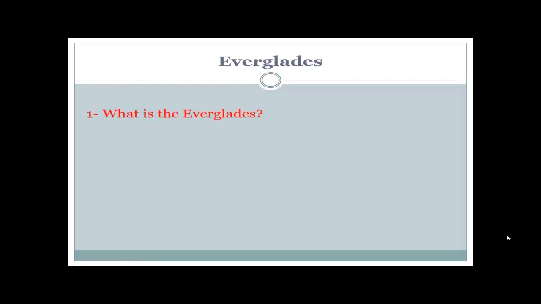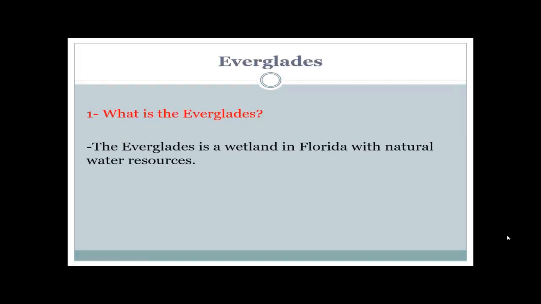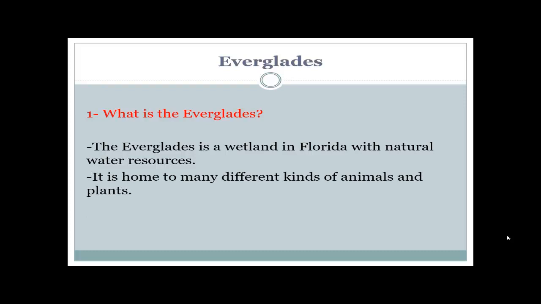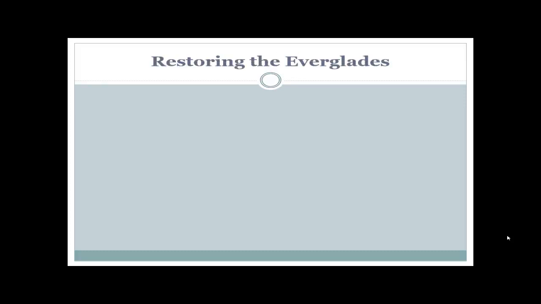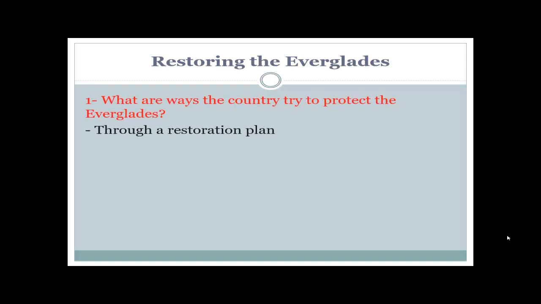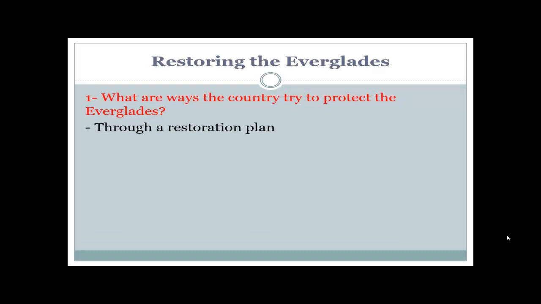What are the Everglades? The Everglades is a wetland in Florida with natural water resources. It is also home to many different kinds of animals and plants. How can we restore the Everglades? How can we protect the animals and the plants living in the Everglades? What are ways the country tried to protect the Everglades?